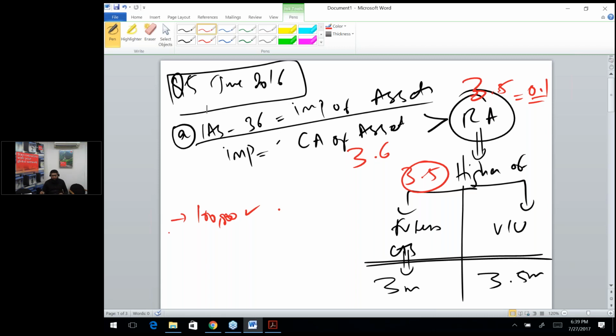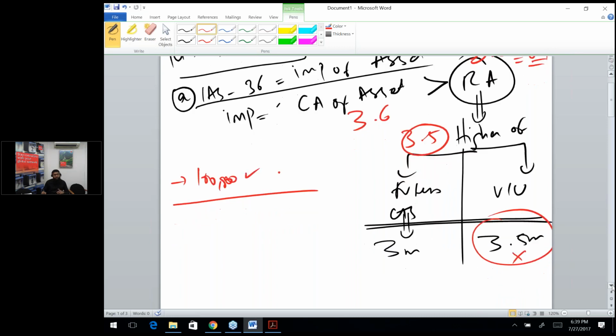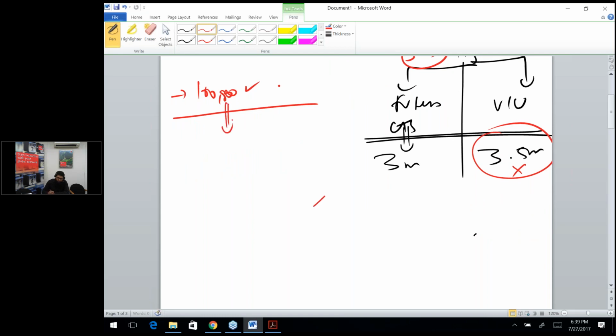Now, as an auditor, you figured out that this value in use of 3.5 million is an incorrect value in use. Now, what do we mean by incorrect value in use? Let's just talk about it. Why is it incorrect? Because you are testing a CGU for impairment.